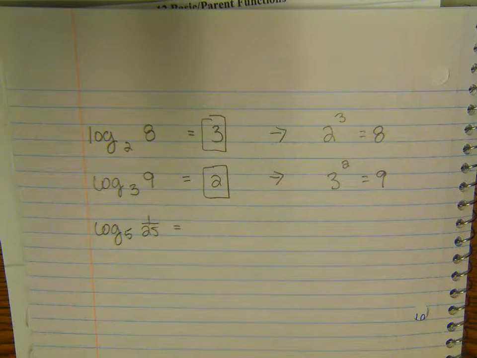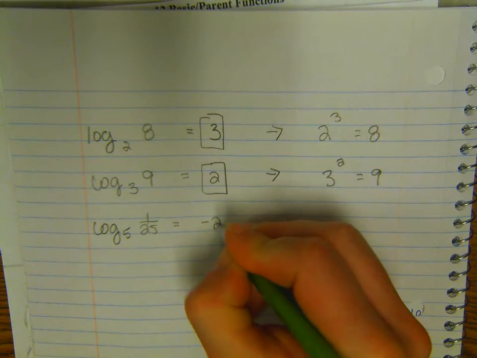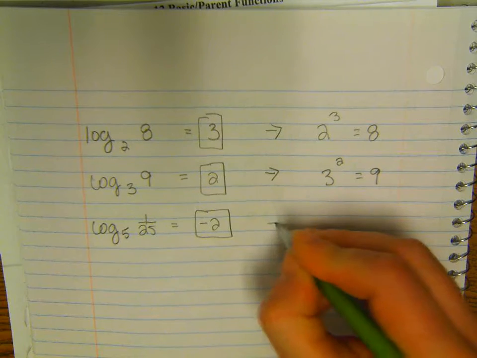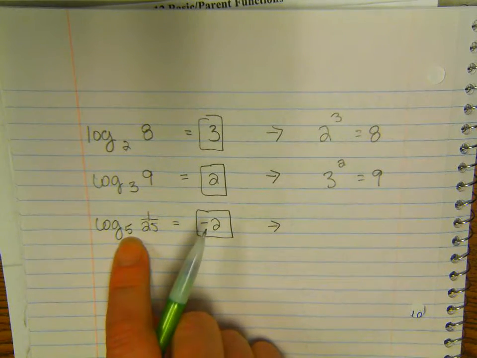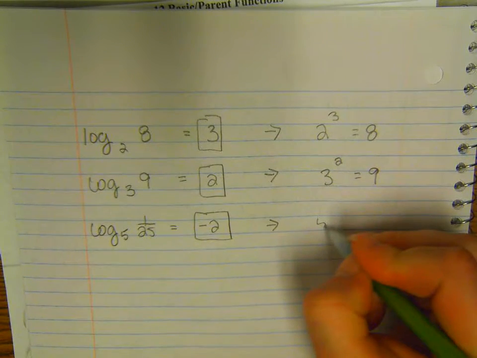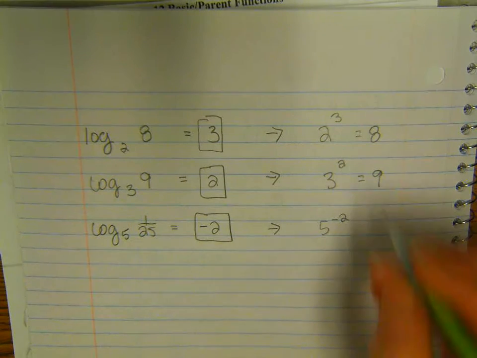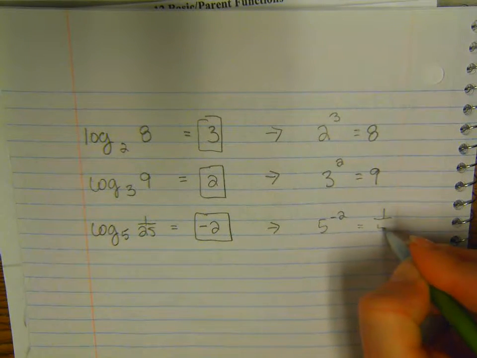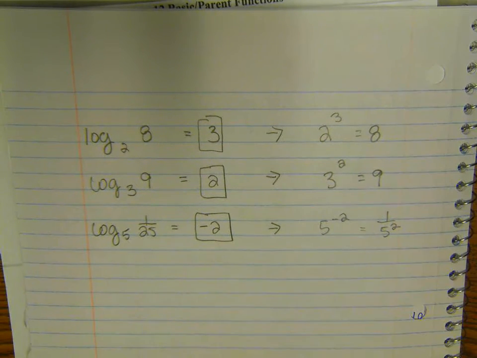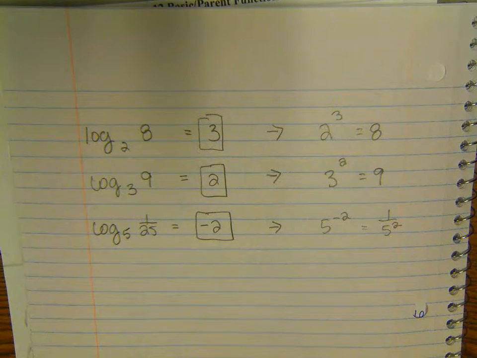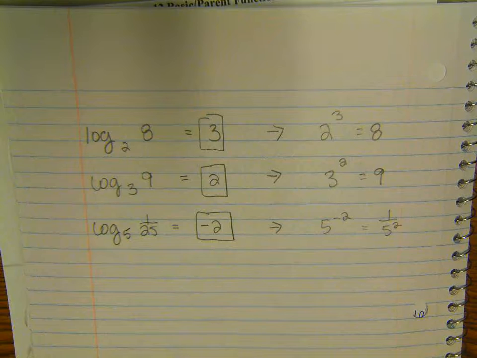The reason why it's negative 2 is because negative means to take the reciprocal. 5 to the negative 2nd power would be 1 over 5 squared, right? Which is 25. Okay, but that brings up a good point because we should do some fraction powers.